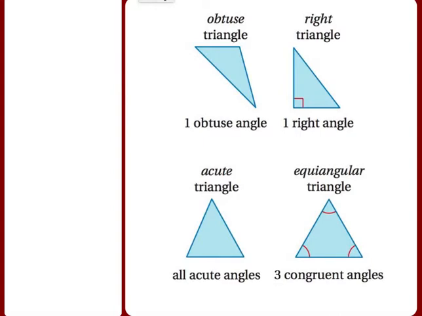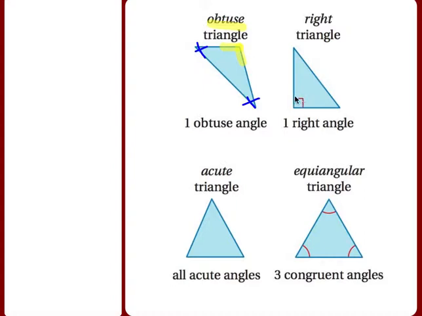So notice that this triangle has two acute angles. So when you're looking at these, what I would recommend doing is kind of cross off these, the two acute angles. And let's look at the third, and that is greater than 90, so it is obtuse. Okay, right triangle, well that's pretty easy.